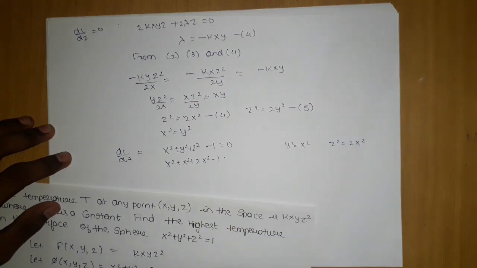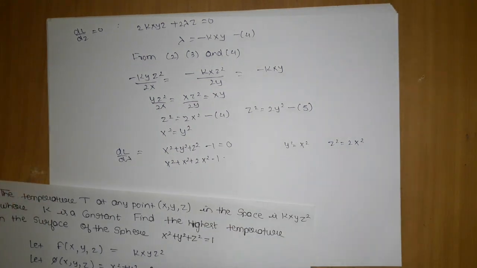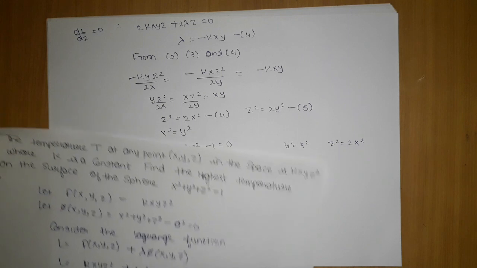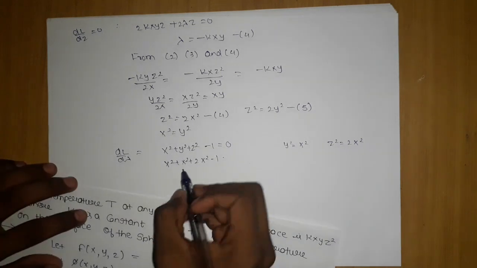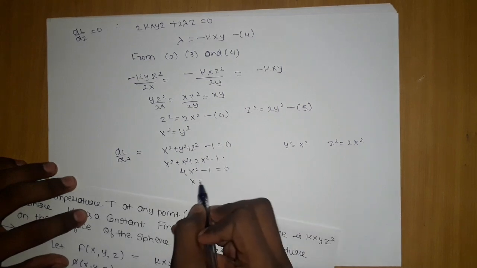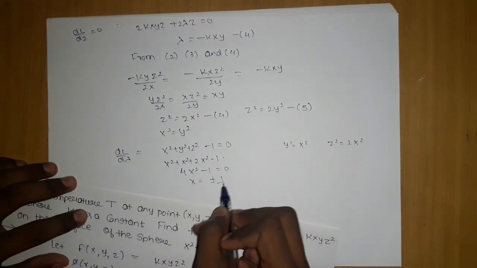which gives me 4x² − 1 = 0, so x equals plus minus 1 upon 2.